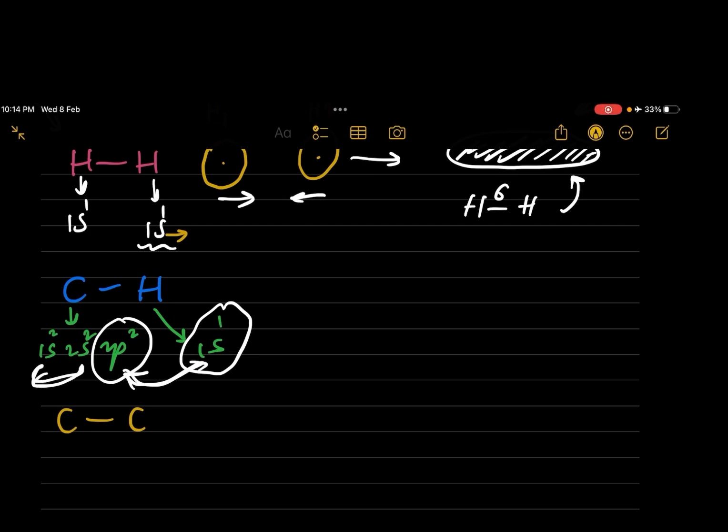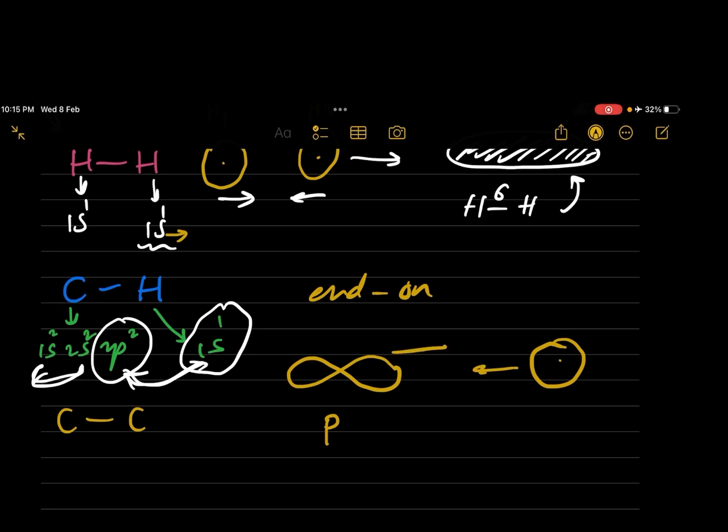Since we say that it's end-on overlapping, we're supposed to have the orbital in this way, which is for p in carbon, and we have another spherical shape subshell of s. So they start to overlap with each other. In this case, the result will be in this form. So this is the sigma bond between carbon and hydrogen.